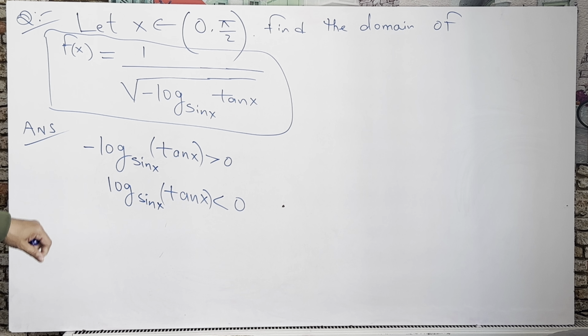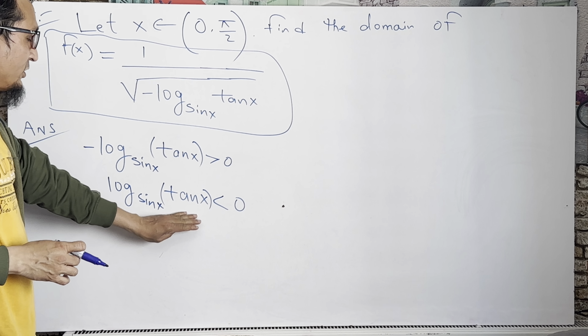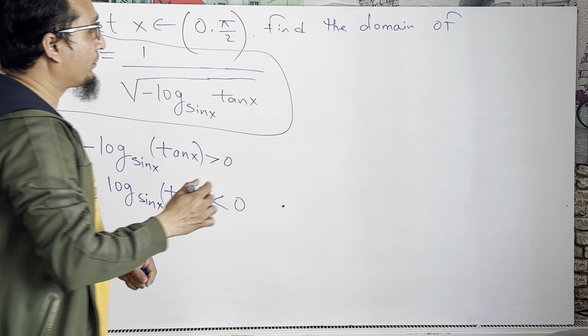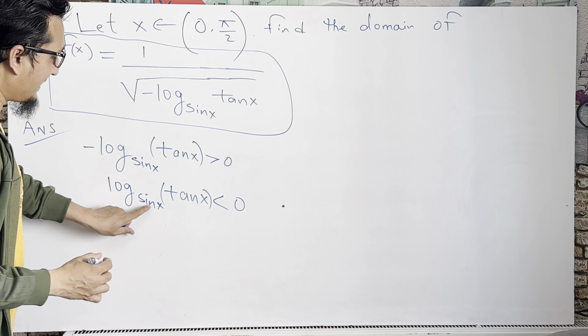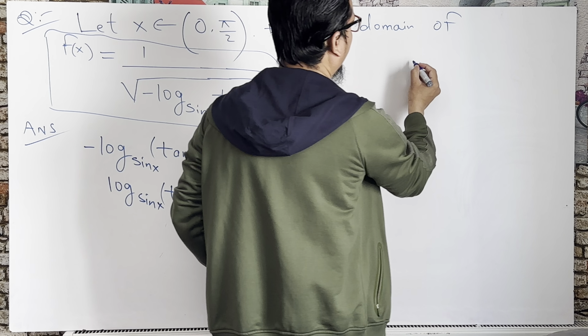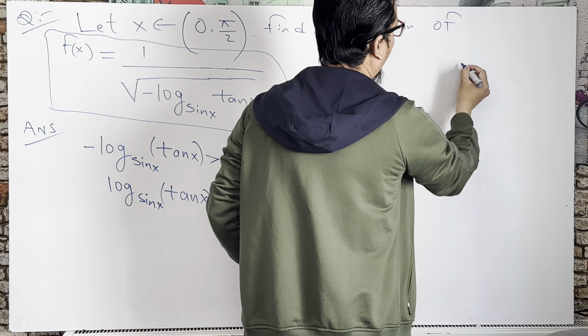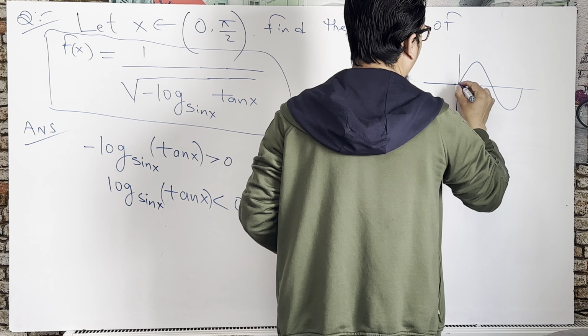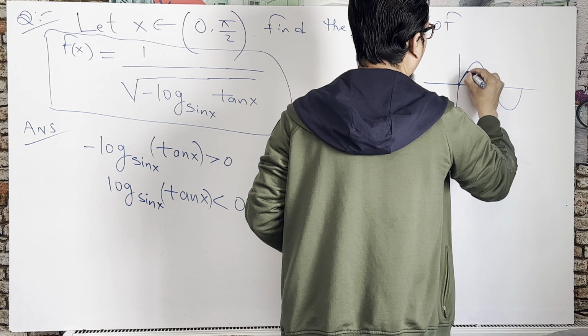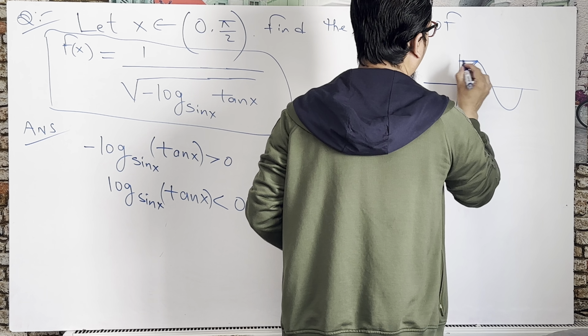Here I want to tell you something which is very important. This is your sin x. If you draw the graph of sin x, with x given from 0 to pi by 2, this is your pi by 2, and from 0 to pi by 2 the maximum value of sine is 1.